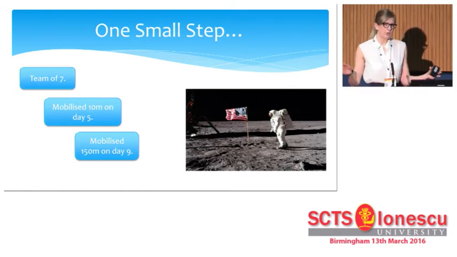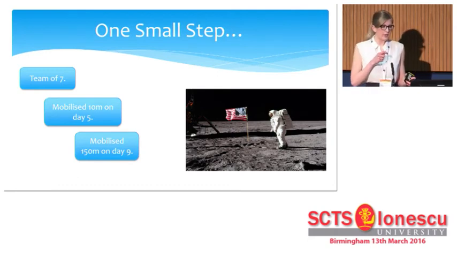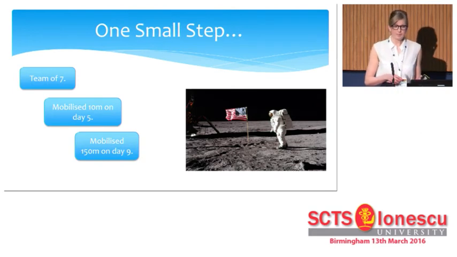I mention all the roles of those people to make it clear that it's not the number of heads involved in these sessions, it really is the knowledge and the skills that they're able to bring to manage risk and facilitate safe, effective and beneficial rehab. So by day 5, we were able to mobilise 10 metres.